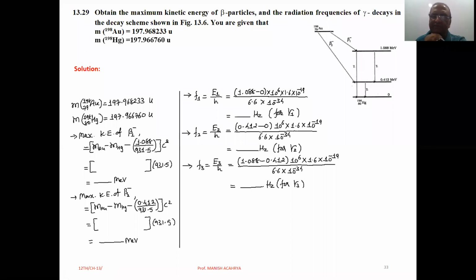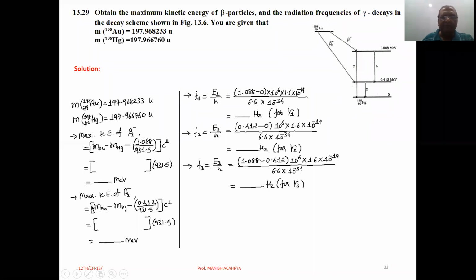Then the maximum kinetic energy of beta 2 minus, its energy is 0.412 MeV.